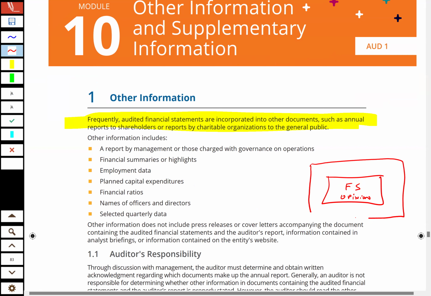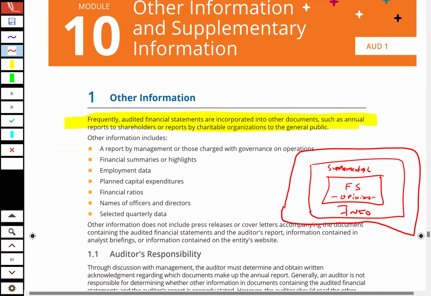GAAP may require that an entity provides supplemental information. This supplemental information is not the financial statements. Thus the word supplemental, it supplements the financial statements. The auditor's opinion really just extends to the financial statements, not that other information. And then entities may pick up that whole reporting package and include that in, say, an annual report.